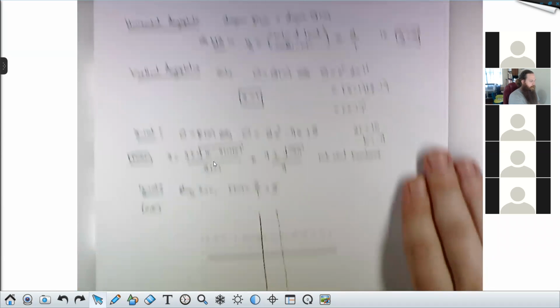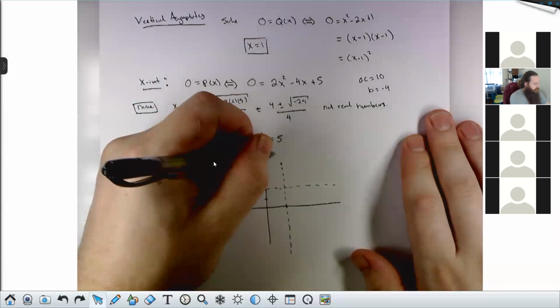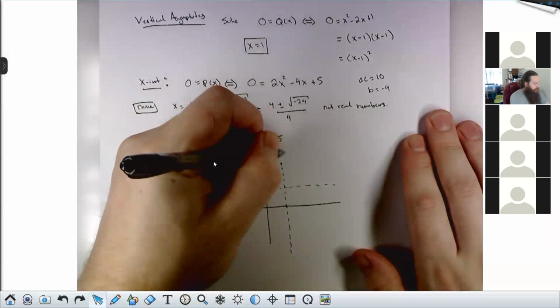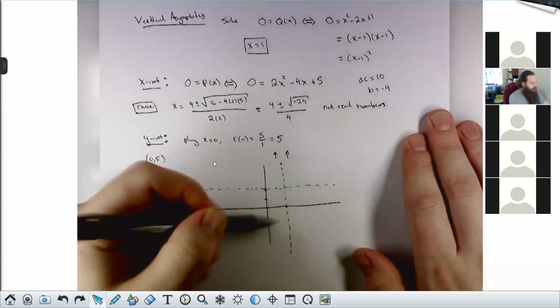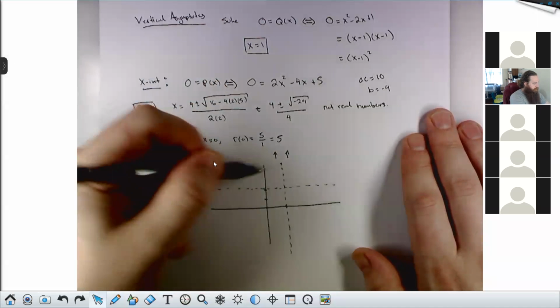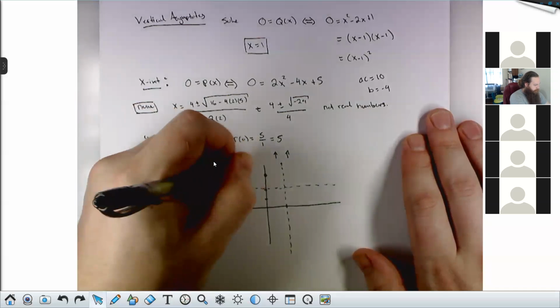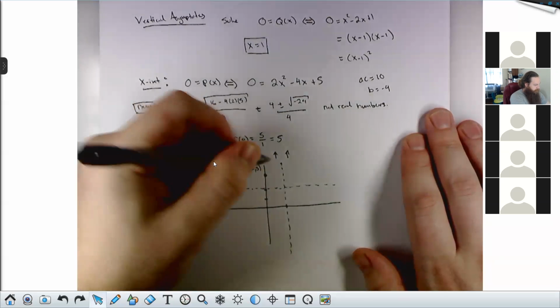I don't have any x-intercepts. So I must be approaching this asymptote here up on both sides. If I approached it down on either side, I would necessarily have an x-intercept. My y-intercept is the point 0, 5. I'll just label this here as 0, 5.